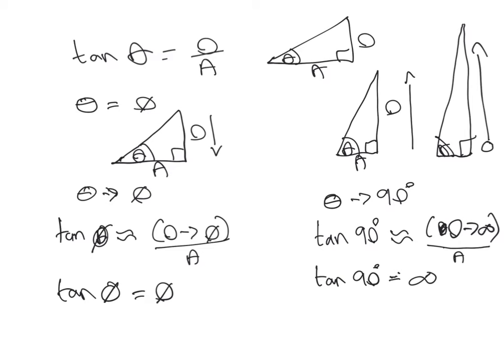That's very different from cosine and sine, because the hypotenuse is the denominator and they are limited to between 0 and 1. So tan can be any real value from 0 up towards infinity.